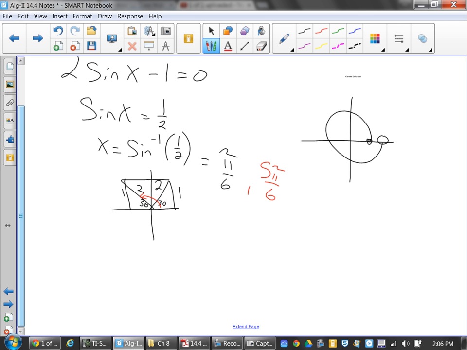Tangent is positive in the third, and tangent is positive in the first. Because tangent is sine over cosine, which is y over x. Tangent's y over x, so it's sine over cosine. Here tangent's negative.